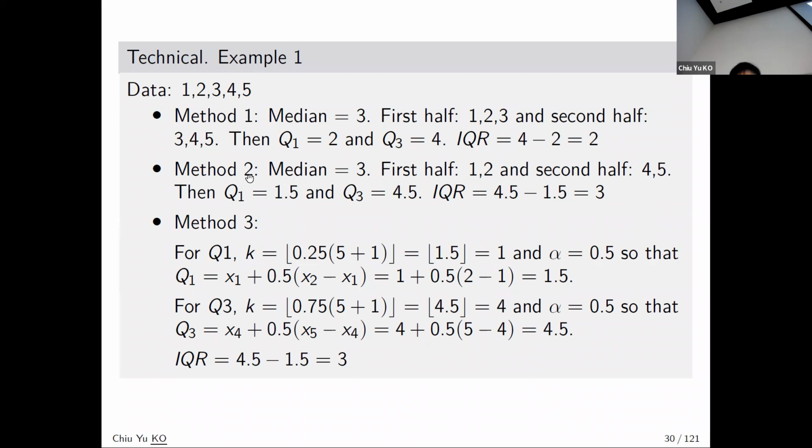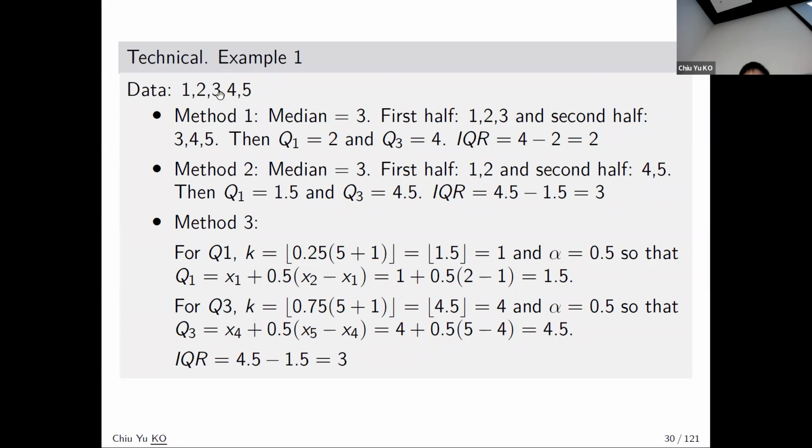Look at method 2. In method 2 you are not including the median itself when you calculate the first or second half. The median is 3, but you don't think about the median. Everything before 3 is 1 and 2, and the median of 1 and 2 is halfway, 1.5.